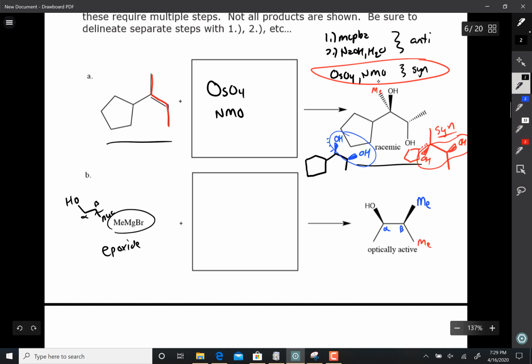If we go with the red methyl group, here is the alcohol we would use. And so to get this, we would have this epoxide. That's with the red one.